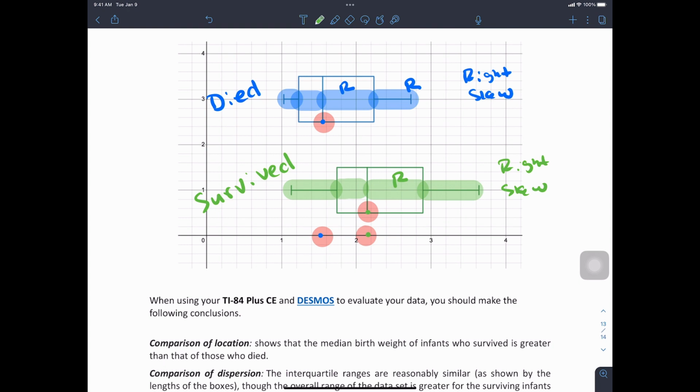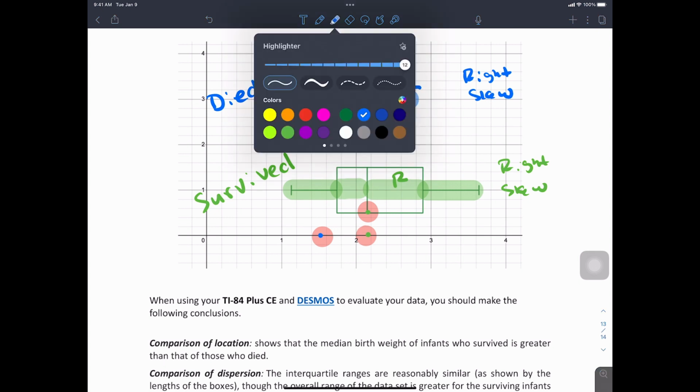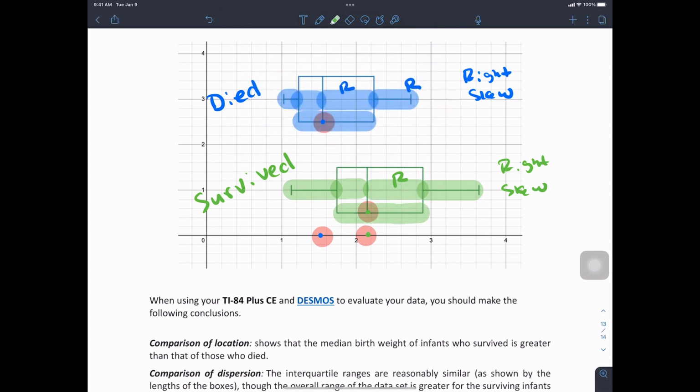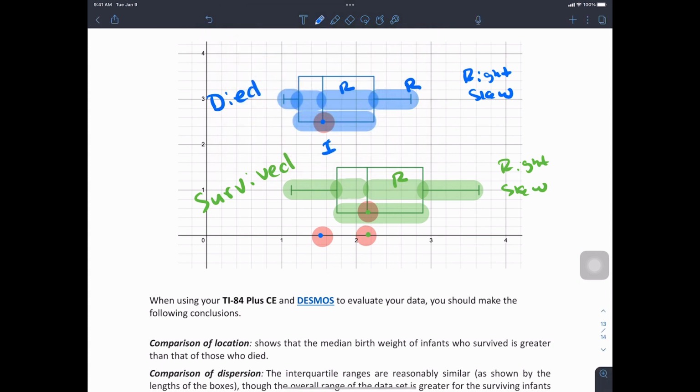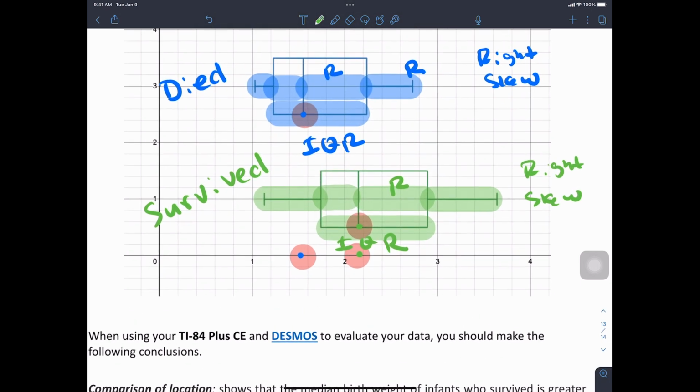And then you want to look at the dispersion, the interquartile range here and over here in blue. Which lines do you think are bigger? This is all just a visual without even computing the values. Just giving a quick visual. Which one is bigger?